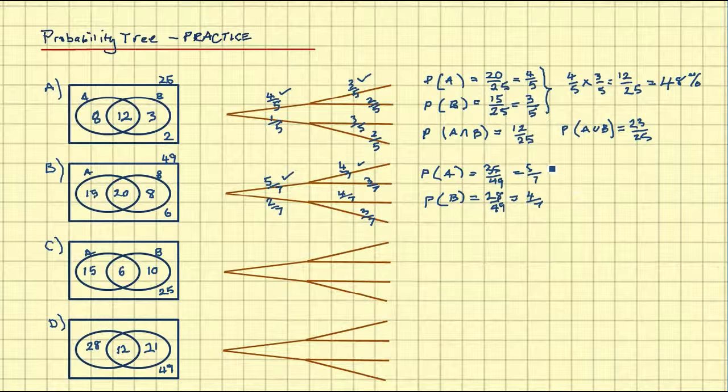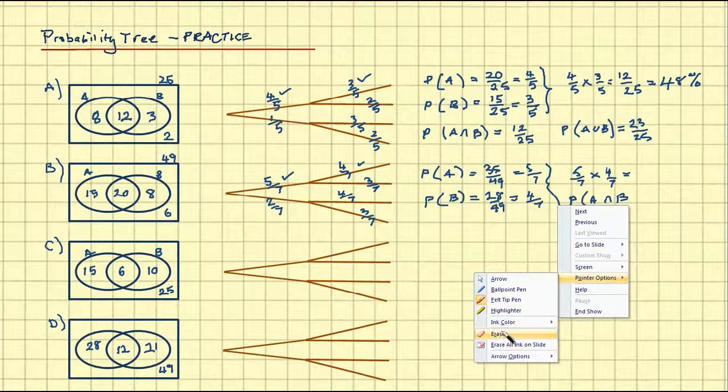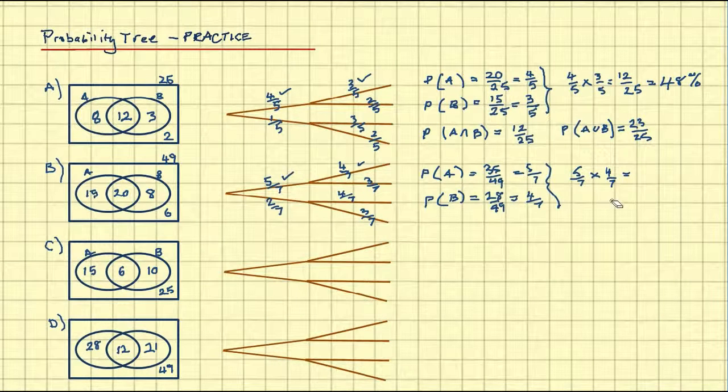Now I can multiply this branch and this branch, 5/7 then times 4/7, will give me the probability of A intersect B. Let's write that underneath.